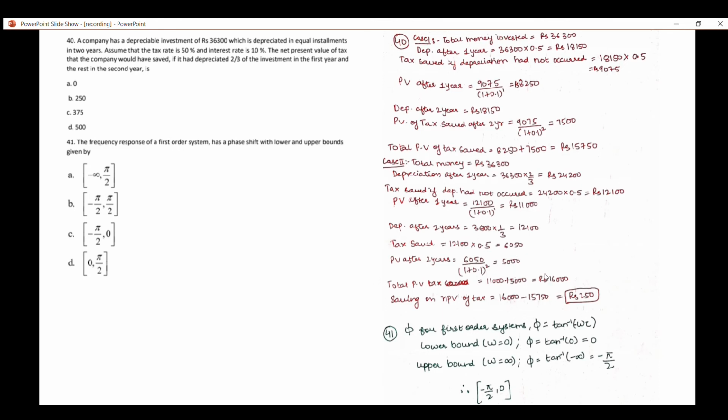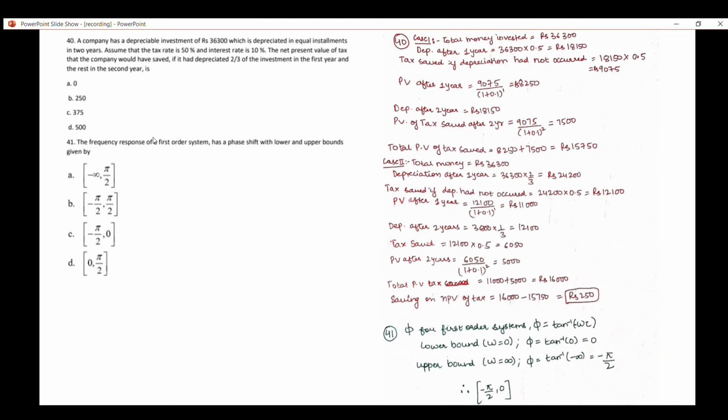So the total amounts to 16,000, which is case 2, minus case 1, which is 15,750, and if we subtract them we find the saving, which is 250 rupees.